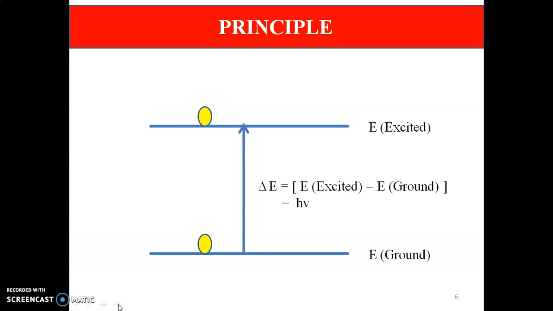It may or may not impart any color to the compounds. Examples of chromophores are carbonyl, alkene, nitro group, alkyne, etc.